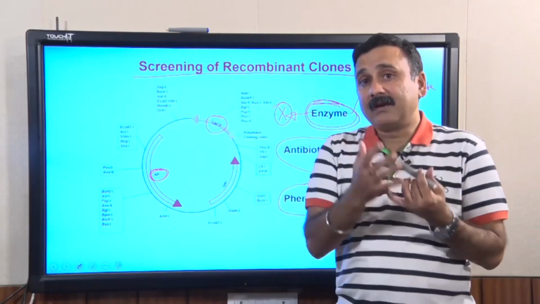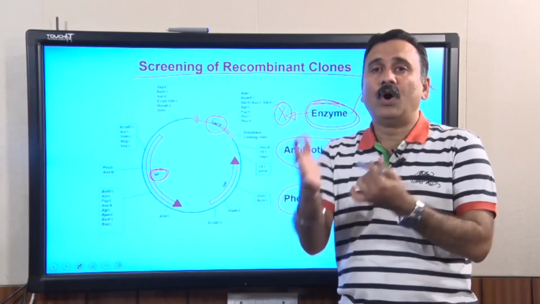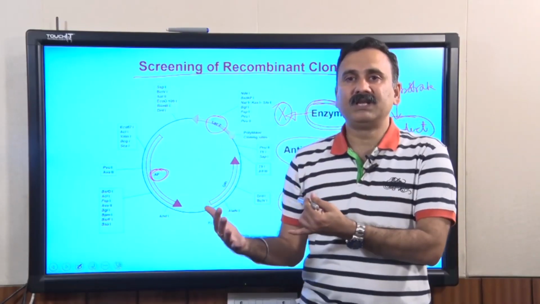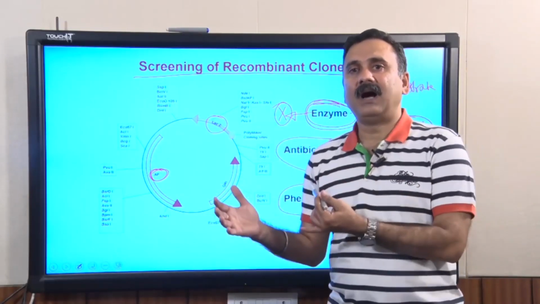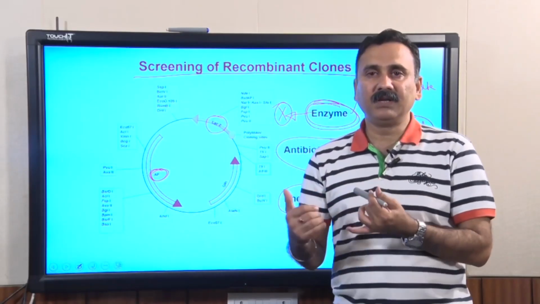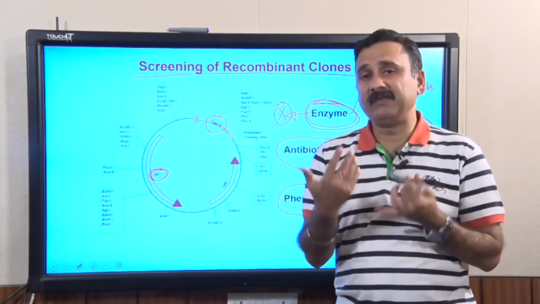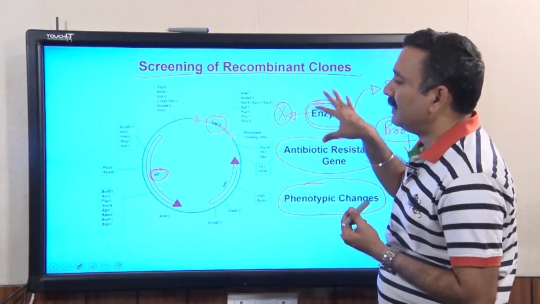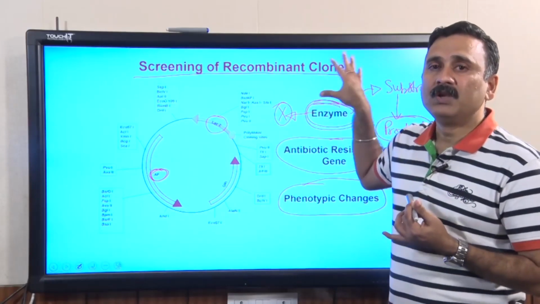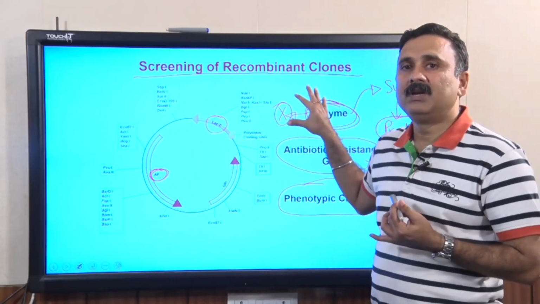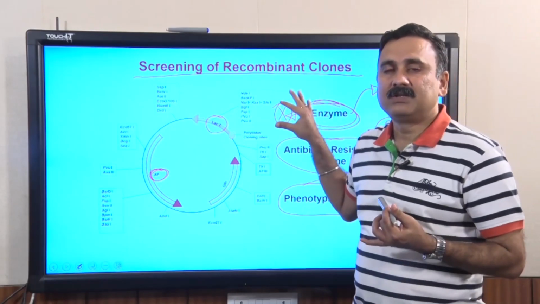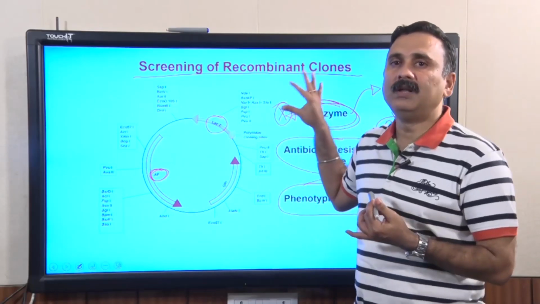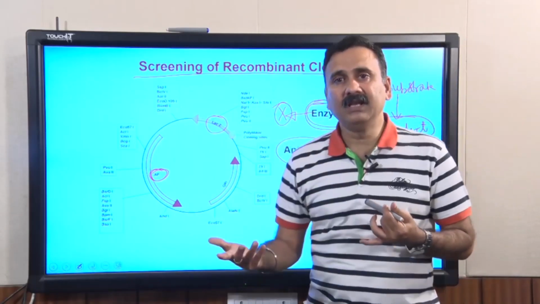So, you know that the red cells, the blue cells, or the cells showing green fluorescence are the cells which have received the DNA, and all other cells have not. These are called phenotypic changes in a particular type of cell. All these strategies can be used to screen the recombinant clone after transformation or transfection. So, once you deliver the DNA, you can use all these approaches to screen the molecules.